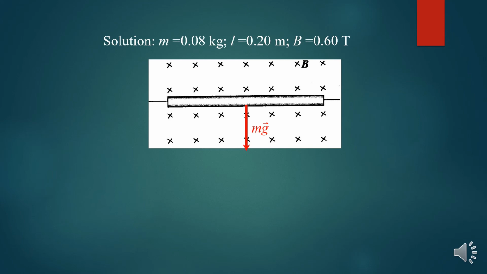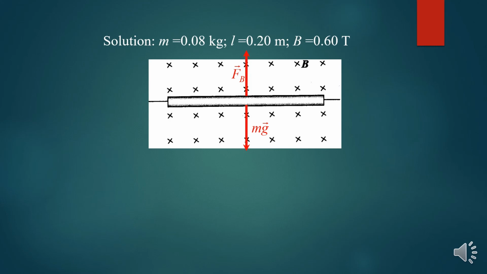To balance the weight, the magnetic force will be exerted upward. The magnetic field is into the page, because the symbol is a cross. So we can determine the direction of I by using our left hand flaming rule.